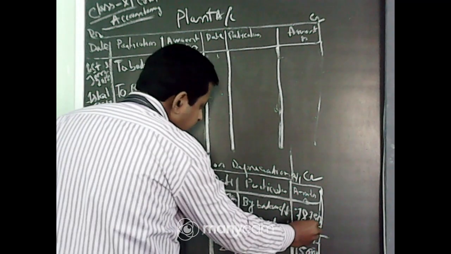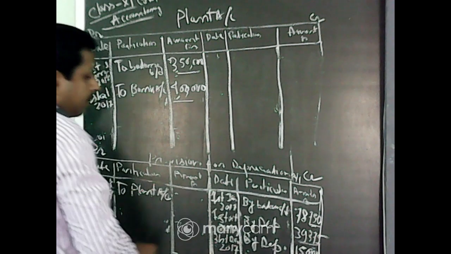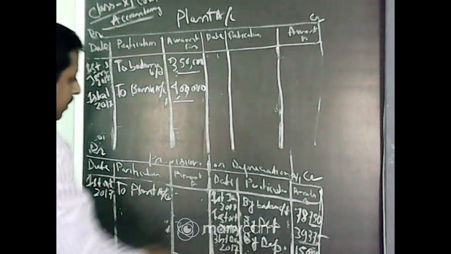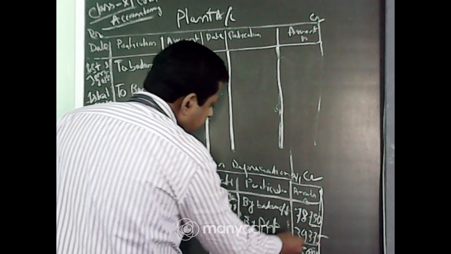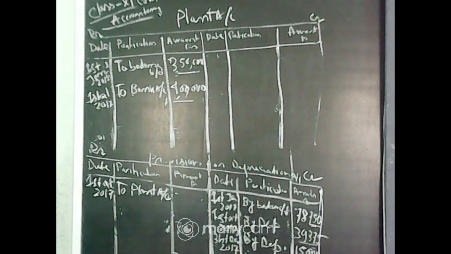This depreciation, that is 78,750 and 39,375, because this depreciation actually accumulated over the years and this year depreciation is that. So total depreciation will transfer to plant account, because this machinery will be sold off on October 1, 2017. That will become 1,18,125.